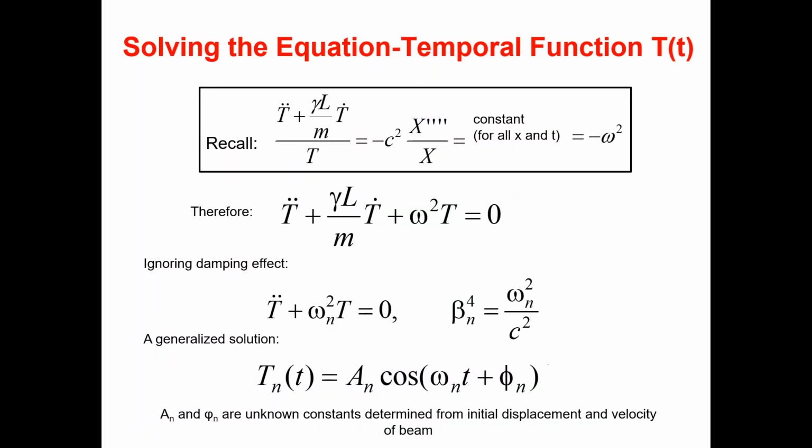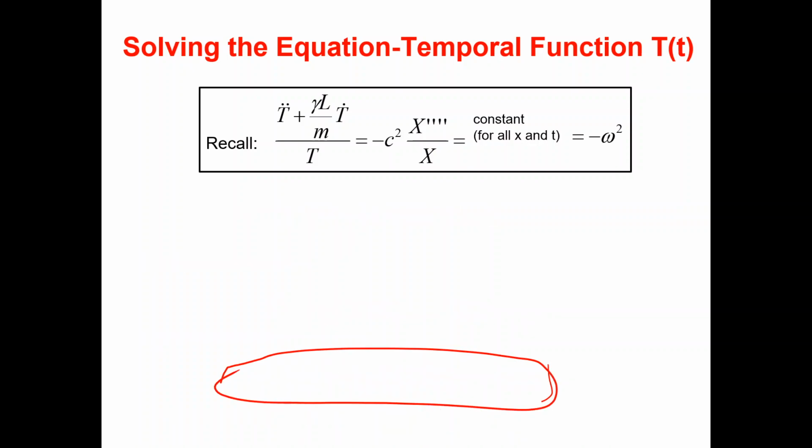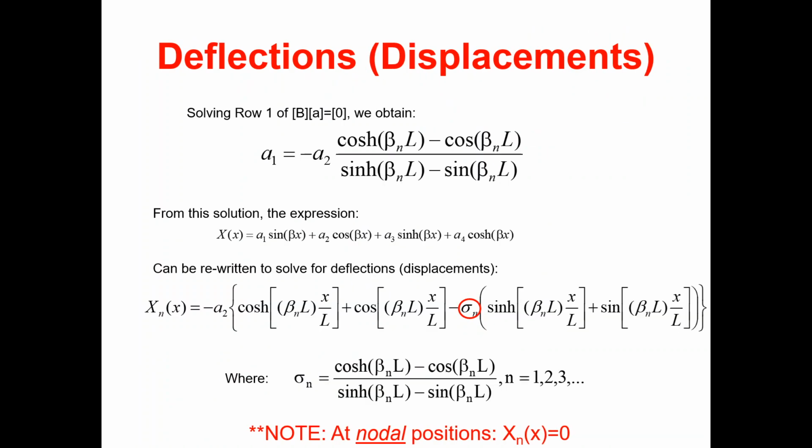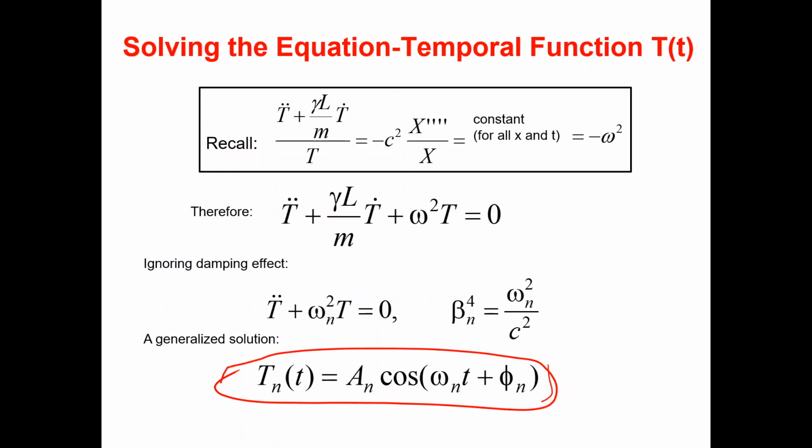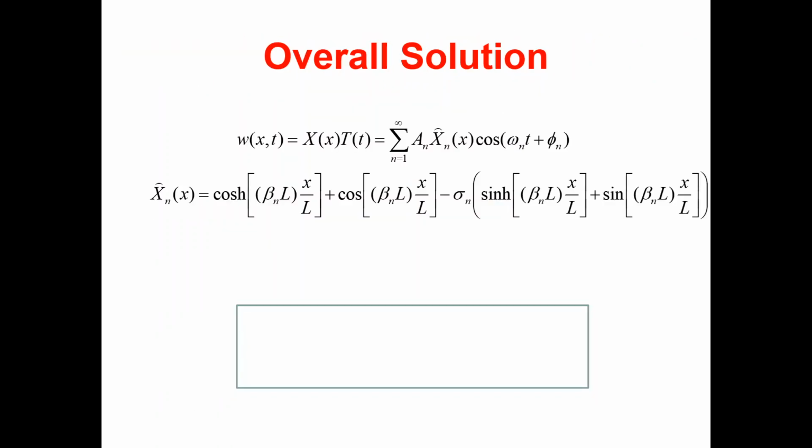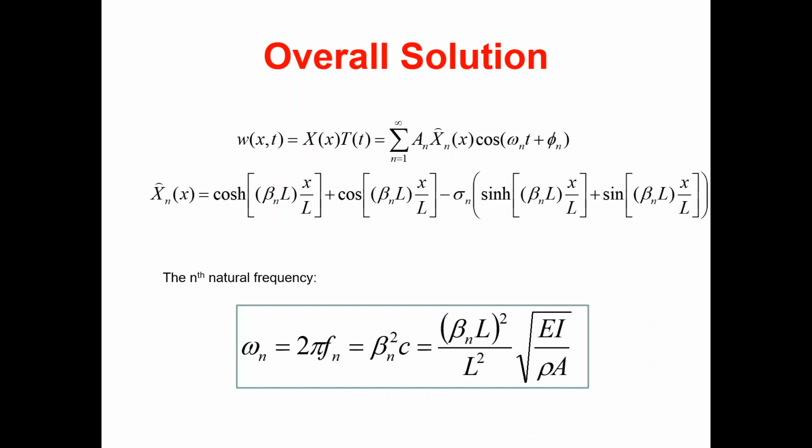So this is going to be your part T, and we also have the solution for the displacement here. The final solution is essentially a multiplication of the two. Okay.